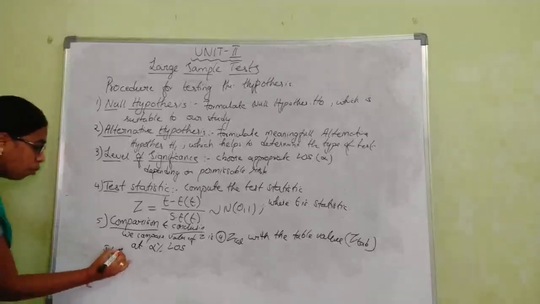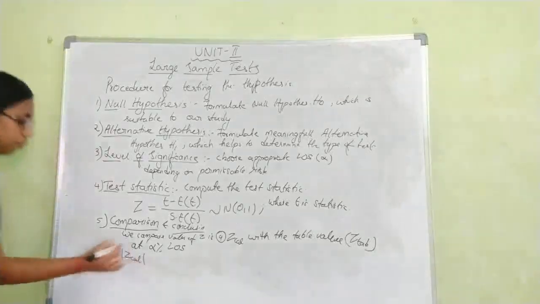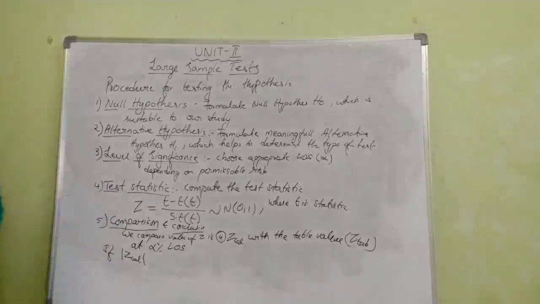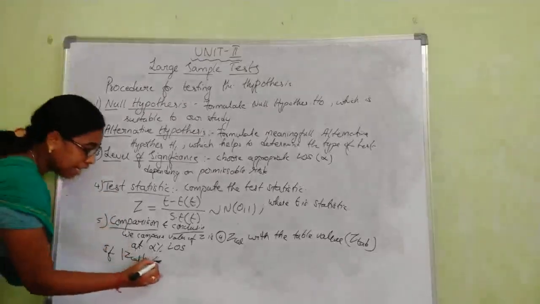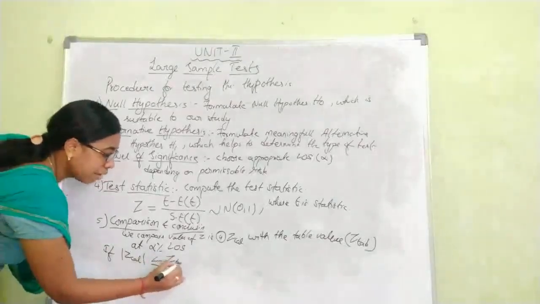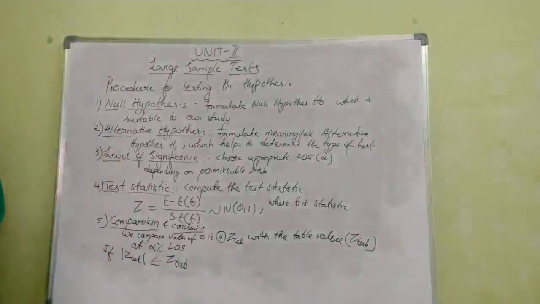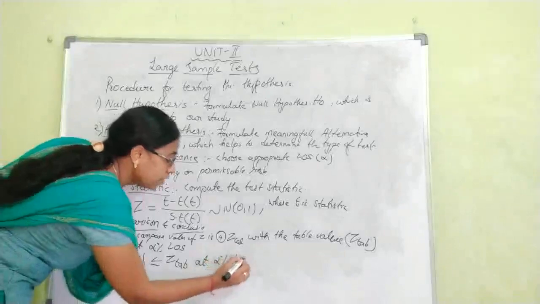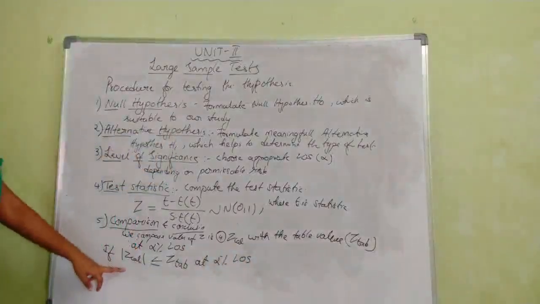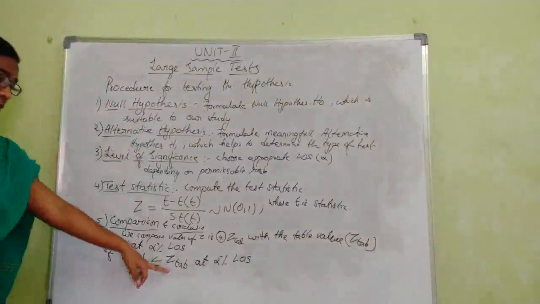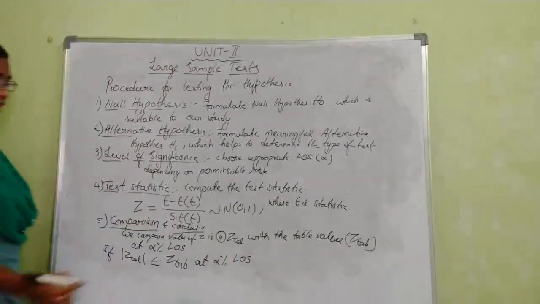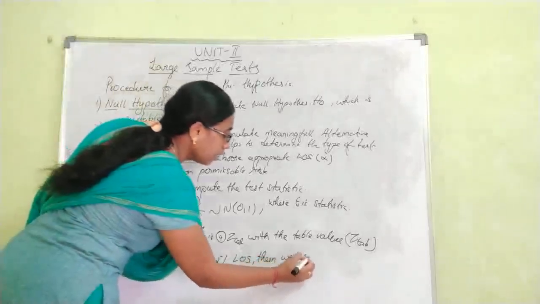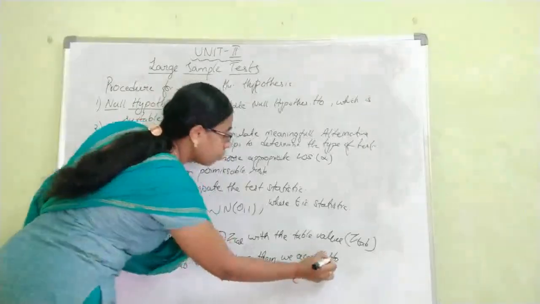If mod Z calculated, I am considering mod Z calculated, not just Z calculated, is less than or equal to the Z tab value, which is called the critical value, at alpha % level of significance, then we accept our null hypothesis H0.